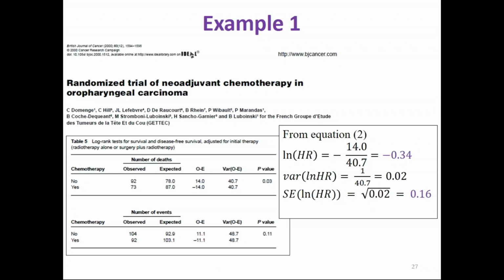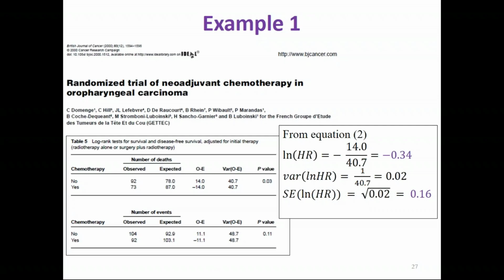Log hazard ratio is just the O-E divided by V, which is minus 14 divided by 40.7, giving a value of minus 0.34. The variance of log hazard ratio is 1 over 40.7, which is a value of 0.02. And the corresponding standard error is the square root of this, which gives us a value of 0.16.